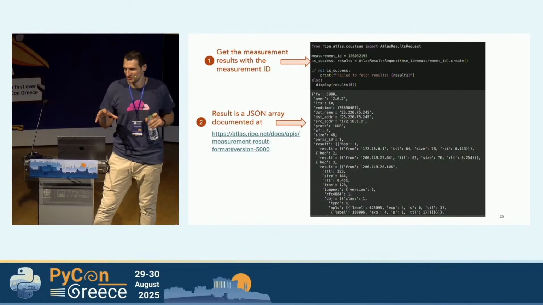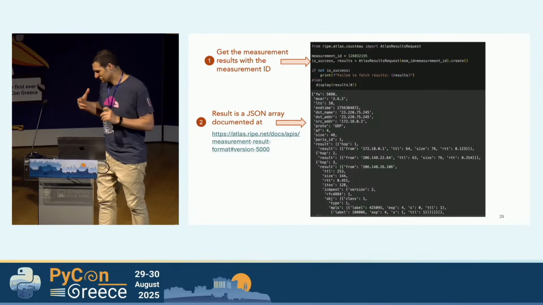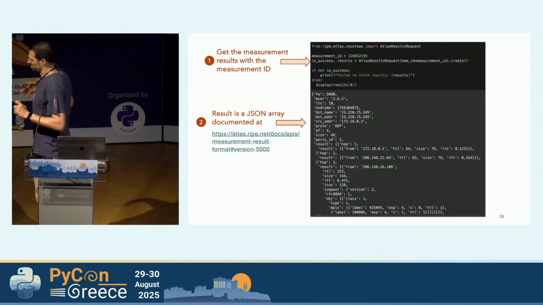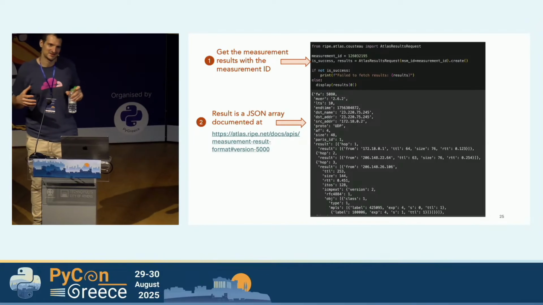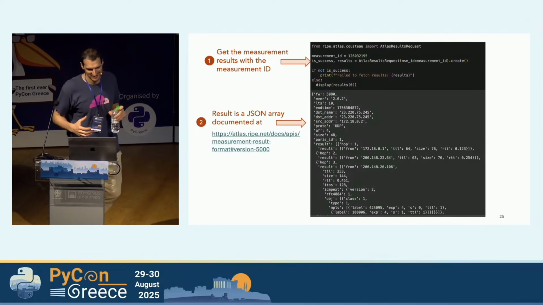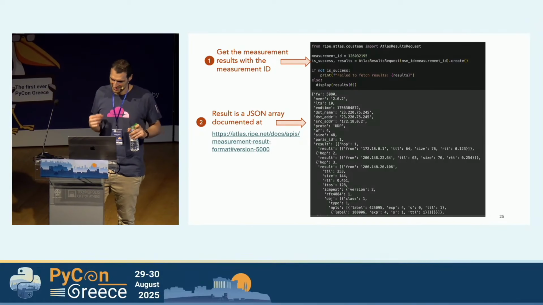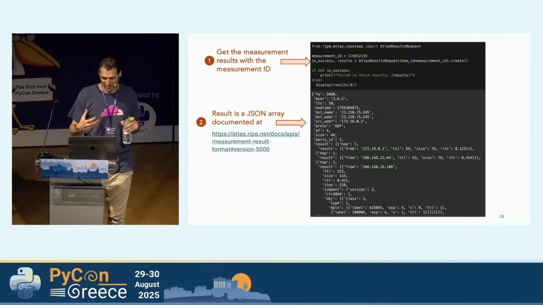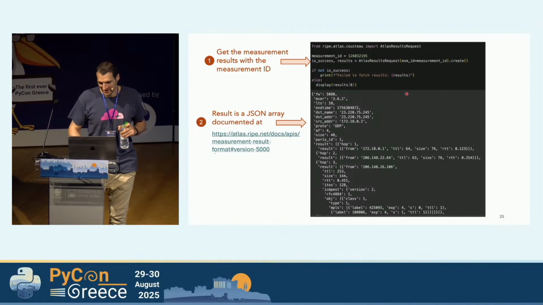We don't want to do it with this web interface because let's assume we have thousands of such measurements, right? Which is exactly what we have most of the time. We want programmatic access. So again, super easy. We get the measurement ID.